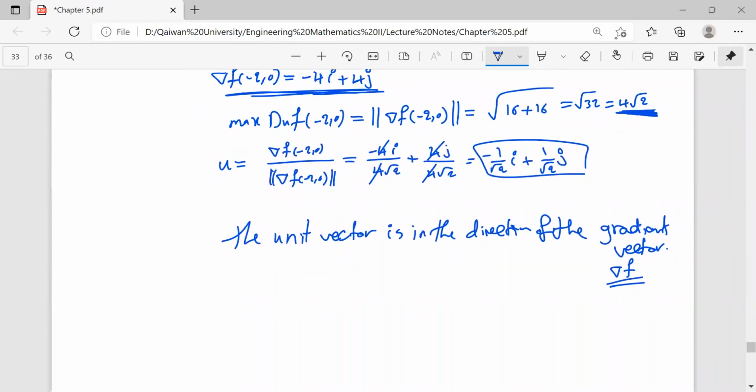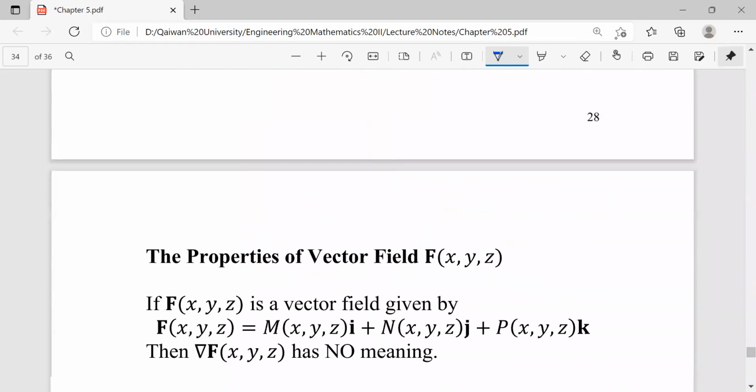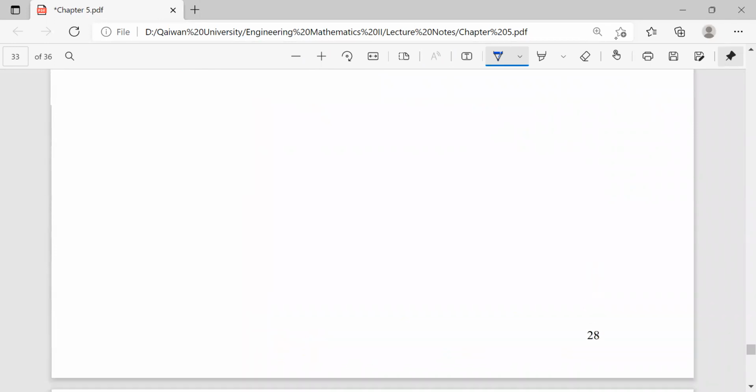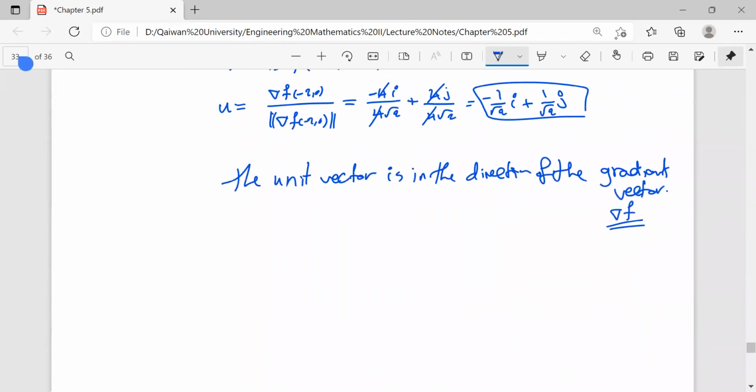That's all. For the maximum value of the directional derivative, the unit vector must be in the direction of the gradient vector, and also the gradient vector must be in the direction of the unit vector.